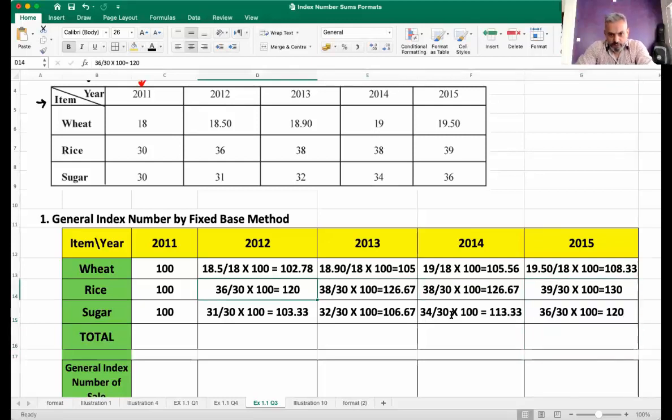So now we have the index of all. Now we have to do the total.